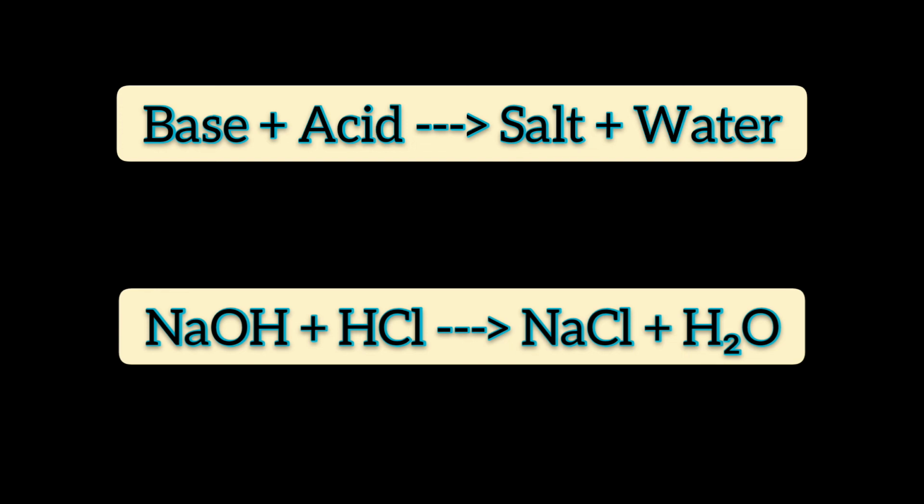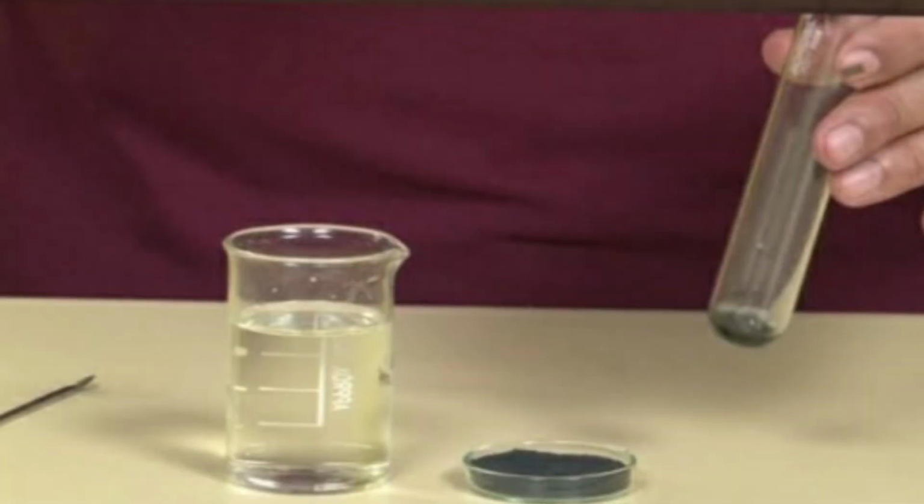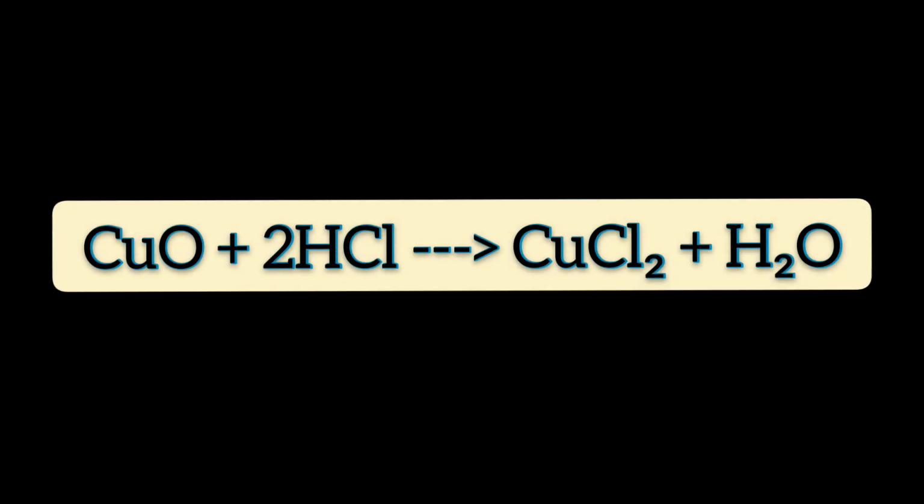Fourth example is of reaction of acids with metallic oxide. For this, we take a small amount of copper oxide in a beaker, which is a metallic oxide, and add dilute hydrochloric acid slowly while stirring. The black color of copper oxide turns blue-green after dissolving in HCl due to the formation of copper chloride, as shown here.